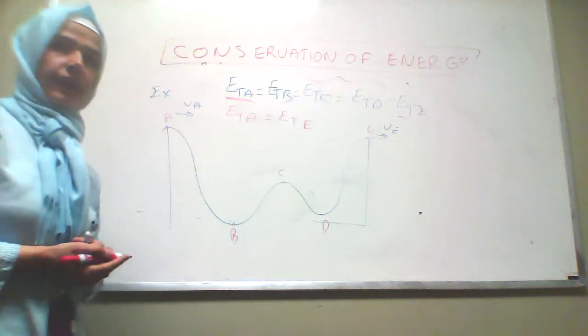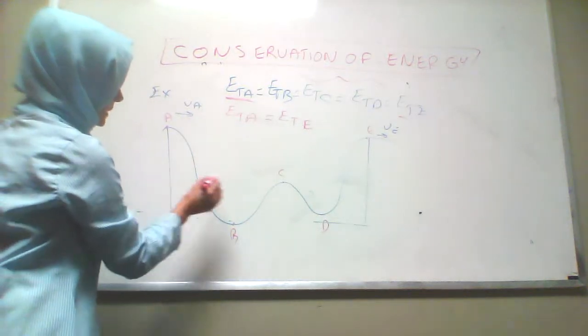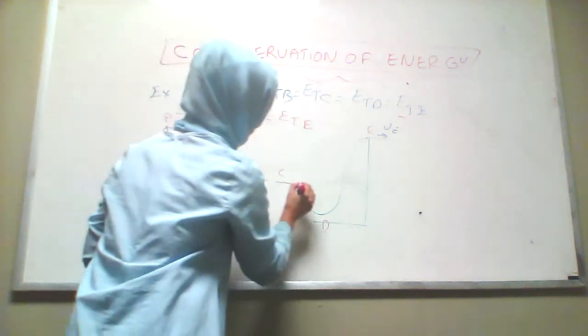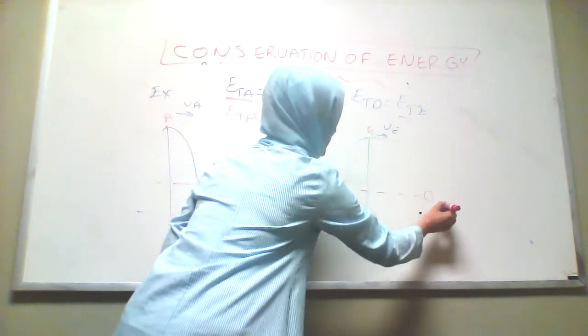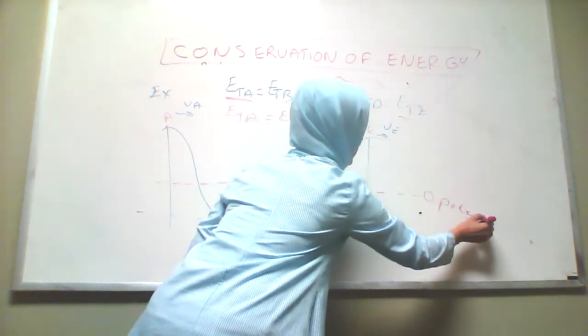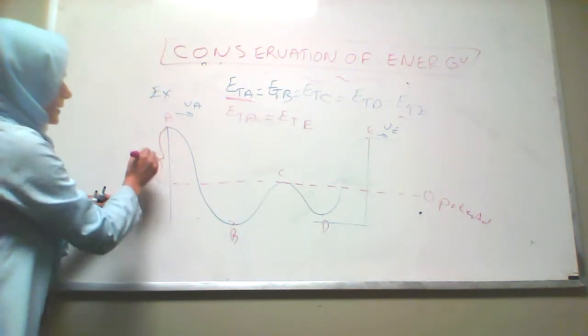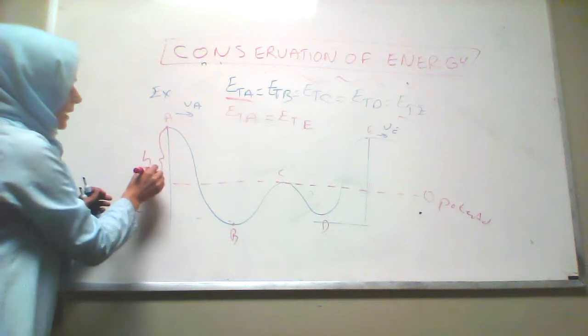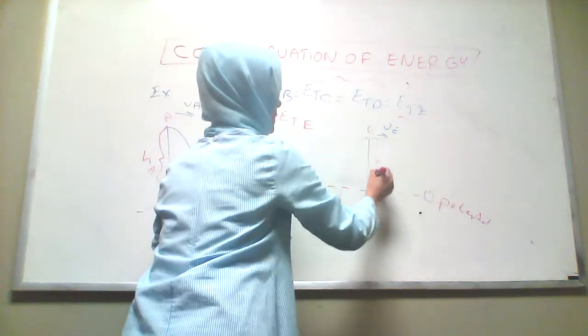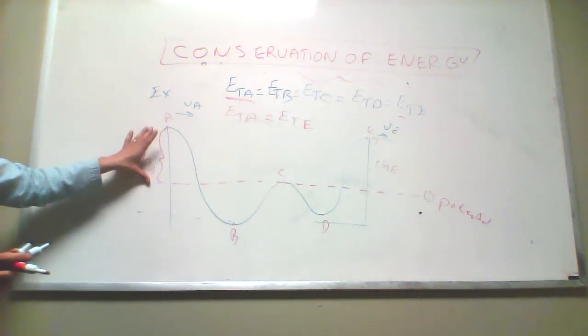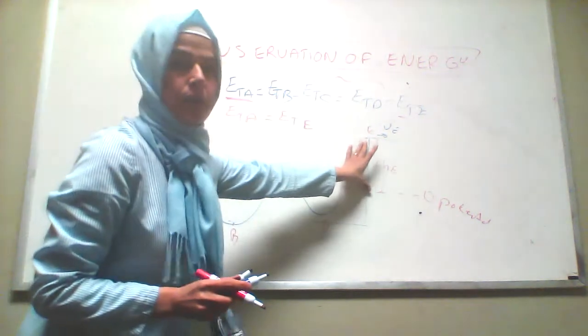And if I'm doing that, I can pick a position and ignore all these points' calculations. I can pick this position, for example, to be my zero potential, right? And ignore the rest, find out what these heights are. I'll call this height A, I call this height E, and calculate the potential energies using height A and height E only.